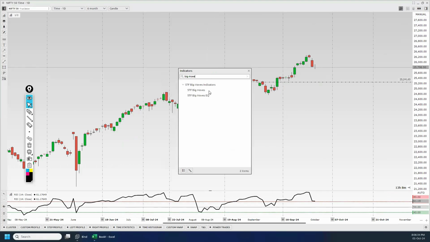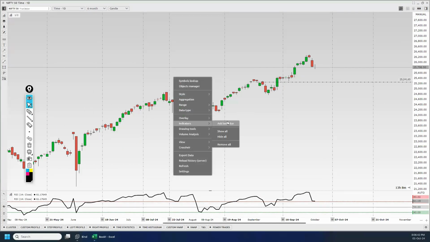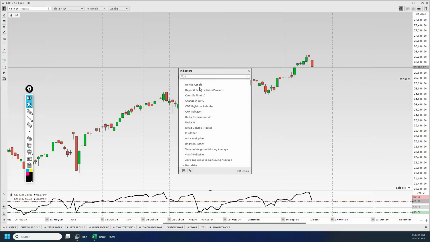You will get two values here. So basically, you are getting two big move indicators. One is for the equity FNO, and the second one is for equity 500 stocks.